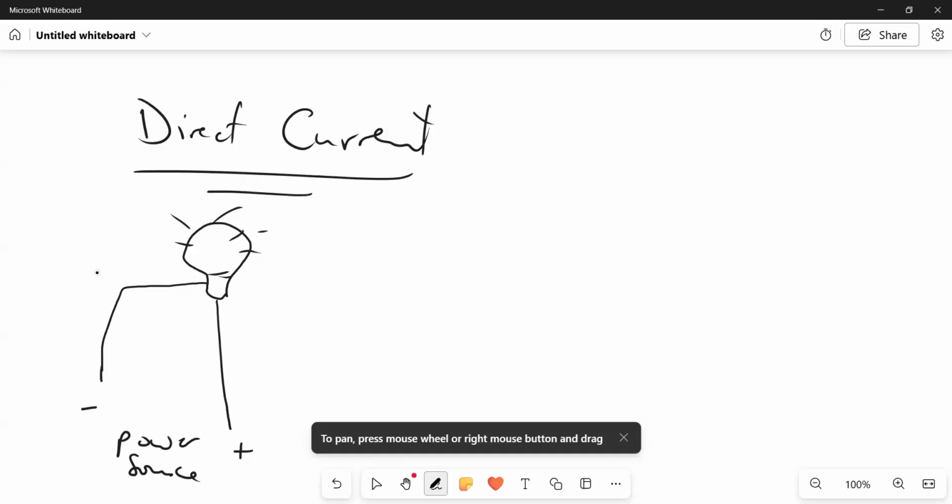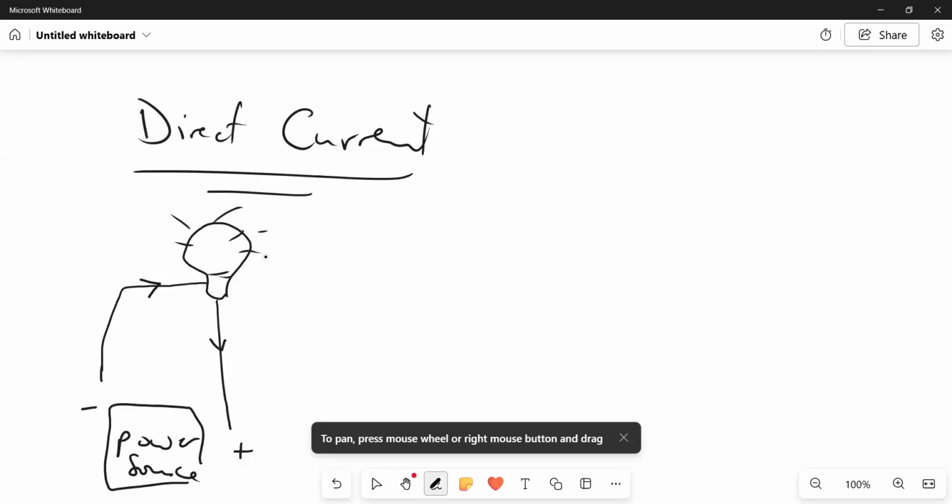When you have this setup here, electrons flow from the negative side to the positive side of your power source. And as it passes through the bulb, the light source, and again, I'm going to use some words that need more explanation, but you will get the explanation.